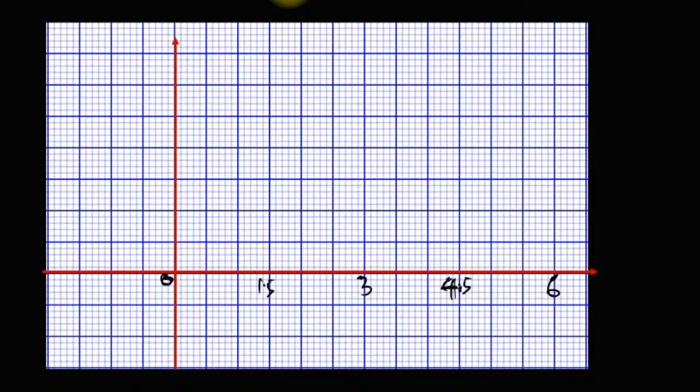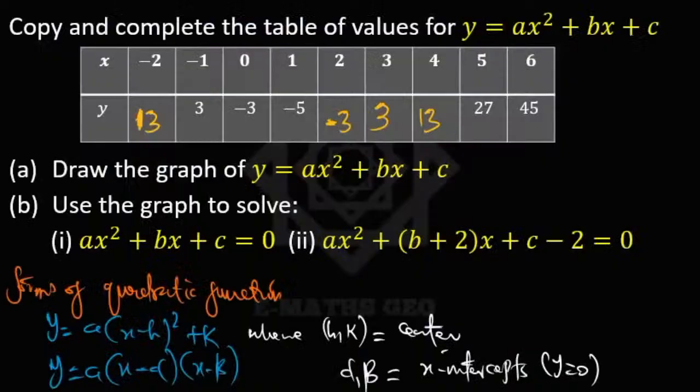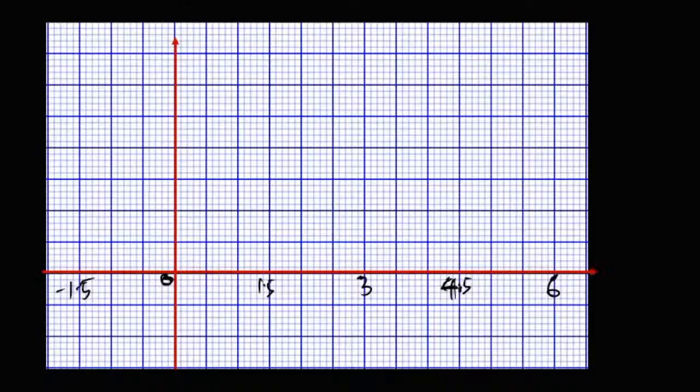Okay, for y, this is 1.5, that's minus. Since the maximum is 45, I'll count 1, 2, 3, this is 20. 1, 2, 3, this is 40. So this is -20 down here.